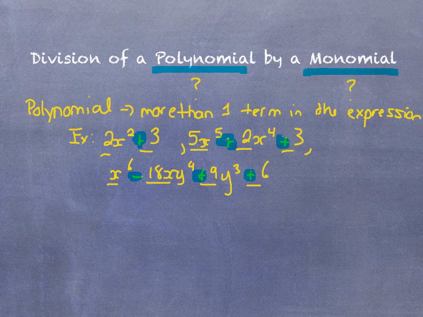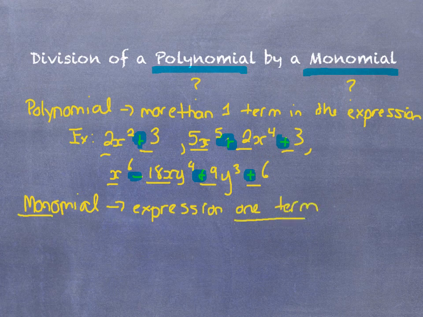So if we go off on that, same thing for a monomial. Mono is your key word here, meaning one. So an expression with, you guessed it, only one term.